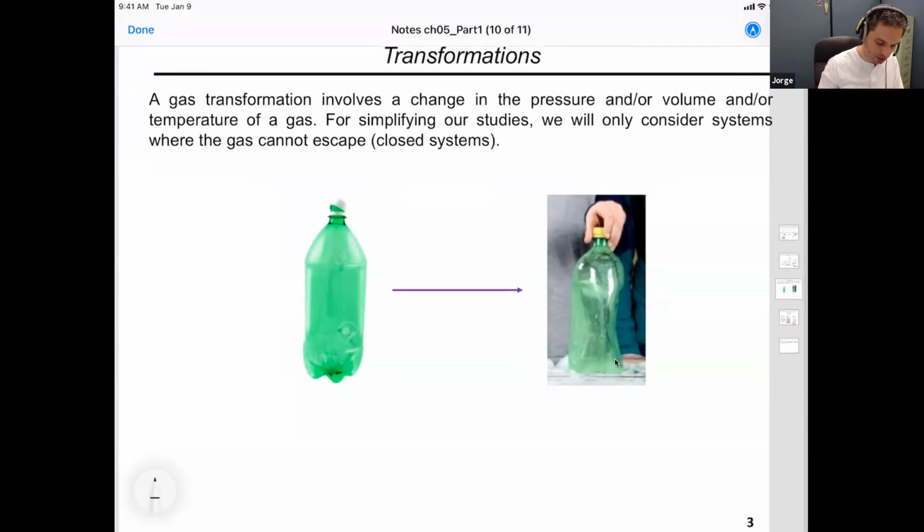Our studies will be very simple, and we only consider closed systems. And closed systems, they have the number of moles constant.